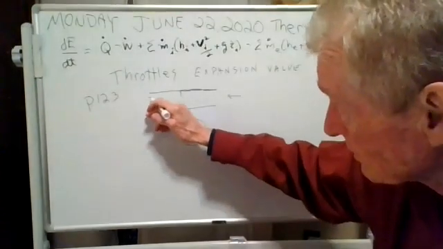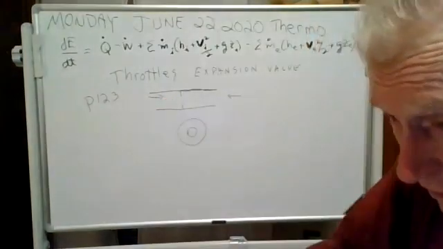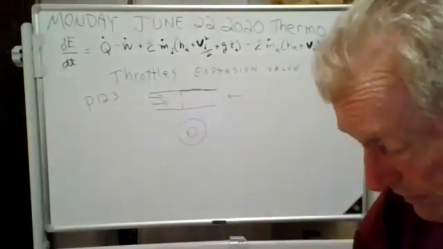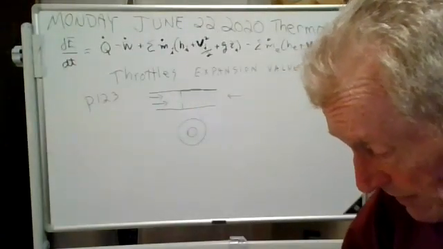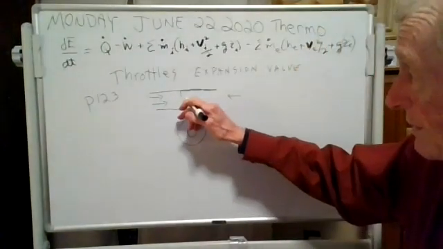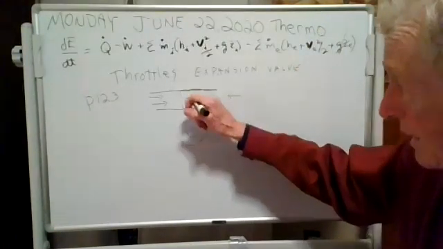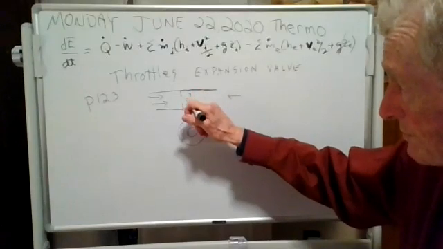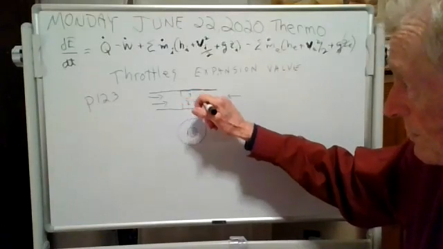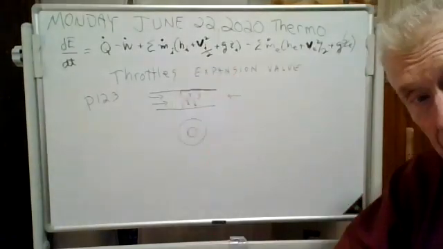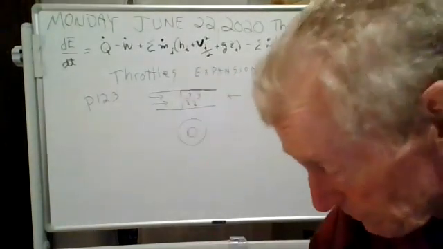So the air comes in here, or well, not air, it'd be the refrigerant. But you could have a throttle with air or anything else really. And it comes in here and then it enters this constriction here, and it causes a lot of eddy currents and spiraling around of the stuff.